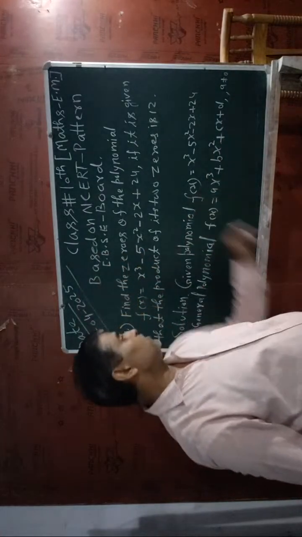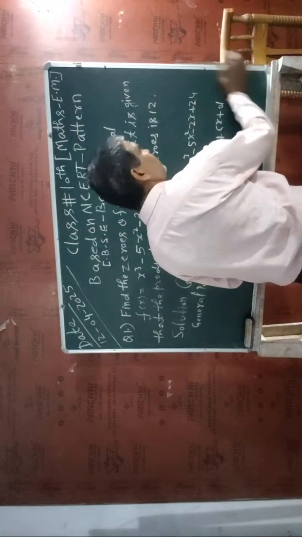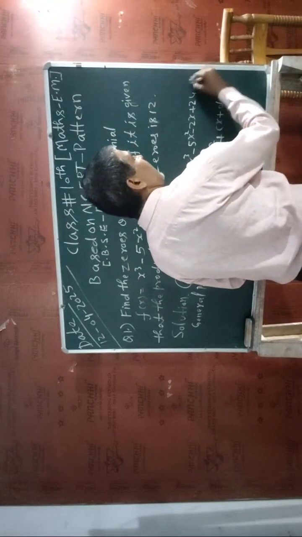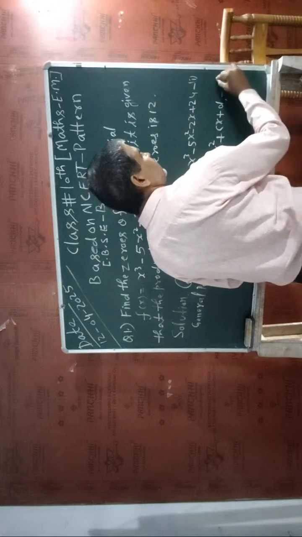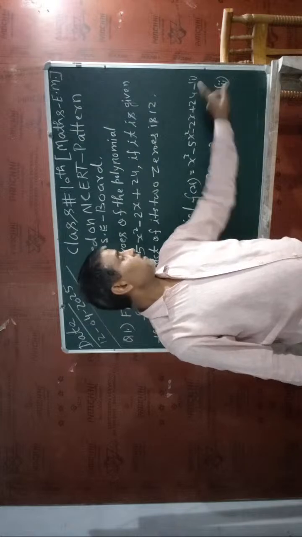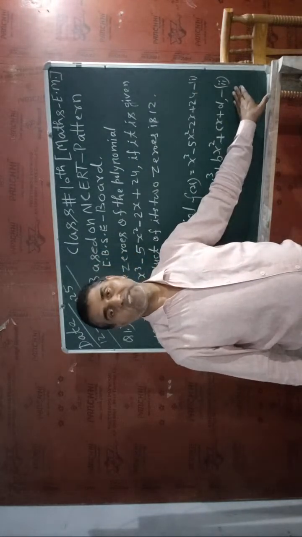Now I am going to compare. I will say this is polynomial number 1 and this is polynomial number 2. It means this is equation number 1 and this is equation number 2.